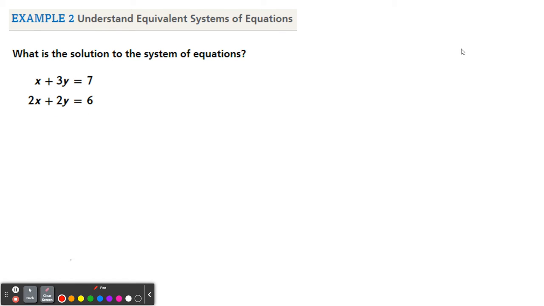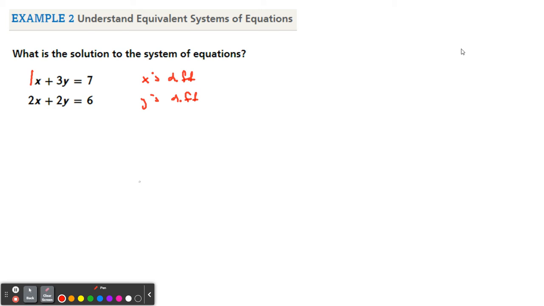Again, we're going to solve this system using elimination. Now notice here, if I look at the beginning, this x has a 1 in front of it, so my x's are different. And my y's are also different. So now we have to multiply one of our equations by something. If you multiply the number 1 by anything, it becomes that thing.